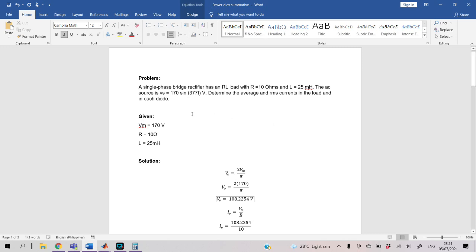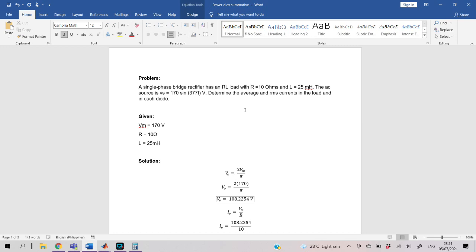The AC source is Vs equal to 170 sine 377t volts. Determine the average and RMS currents in the load and in each diode.